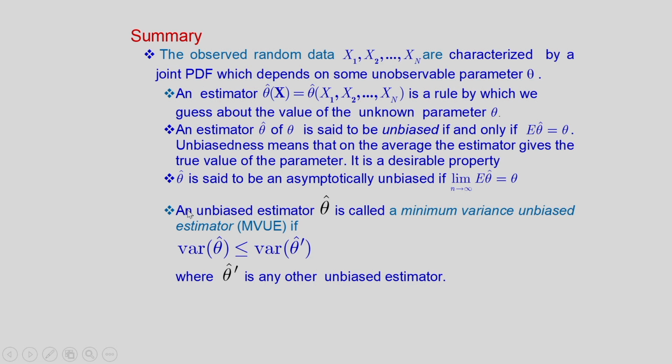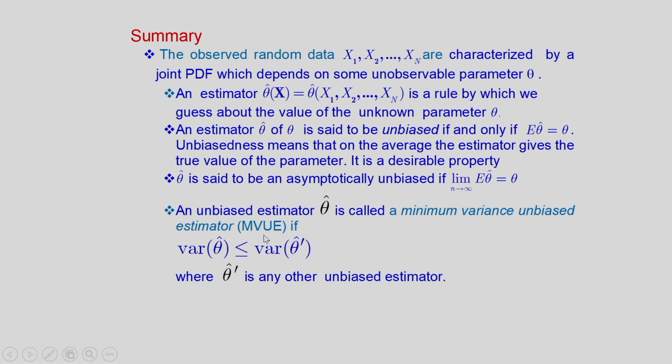Then we discussed the MVUE. An unbiased estimator theta hat is called a minimum variance unbiased estimator, MVUE, if the variance of theta hat is less than or equal to the variance of theta hat dash, where theta hat dash is any other unbiased estimator. So, in the case of MVUE, the variance is the least.